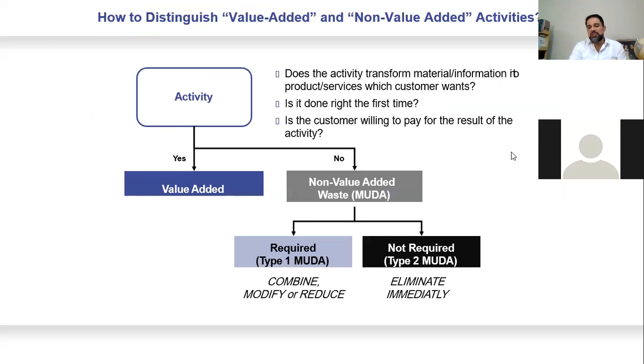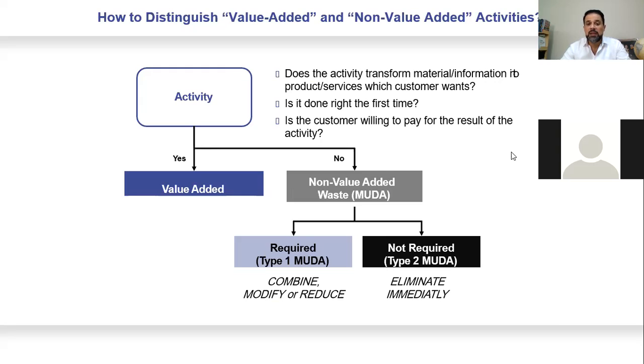Any activity of any process can be considered as either value added or non-value added. In order to determine whether it's value added or non-value added, we need to ask ourselves some questions. Does this activity transform the material or the information into a product or service that the customer wants to pay for?